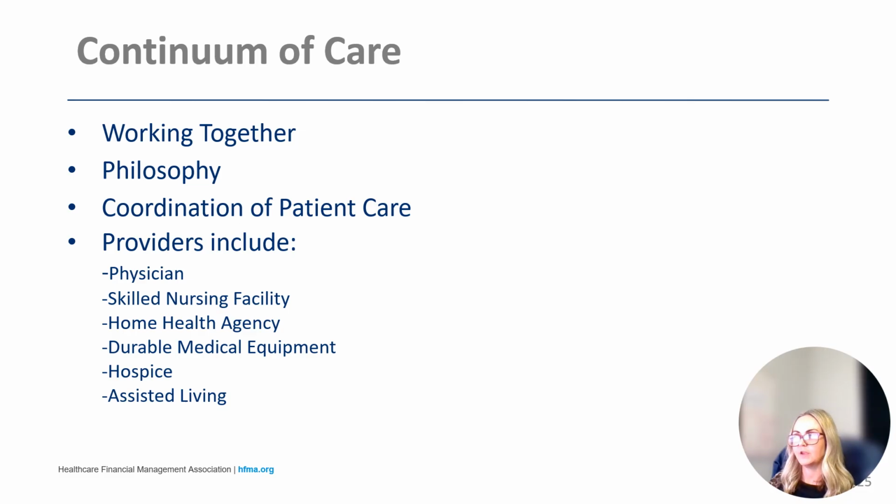The coordination of care has gained importance as alternative payment models expand to include bundled payments. Physician offices provide the orders, schedule the service, and obtain the authorization. Some examples of these providers include physicians, skilled nursing facilities, hospice, assisted living, several different coordination of care providers that the acute team will work with.